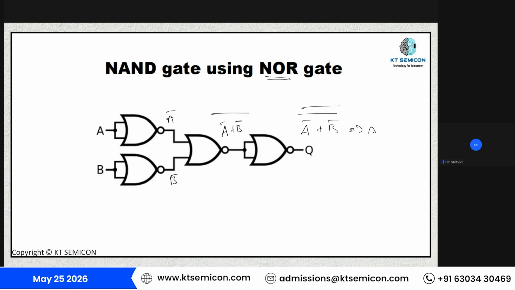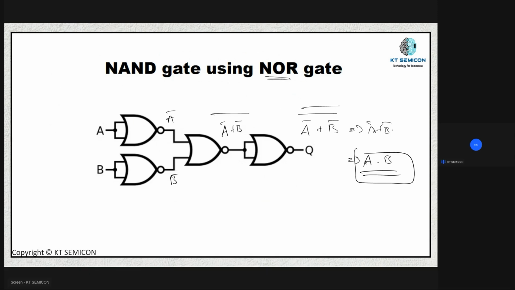So it is nothing but A bar plus B bar, which is nothing but A dot B the whole bar, right? So this is how I'm going to implement a simple NAND gate using NOR gates.